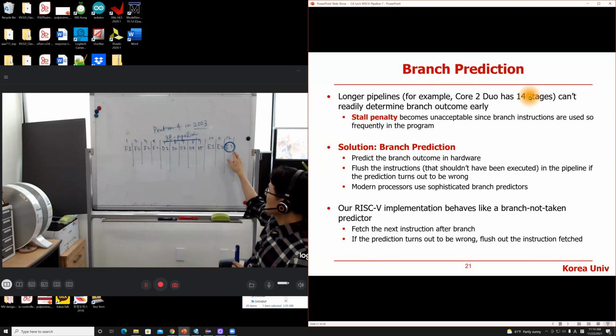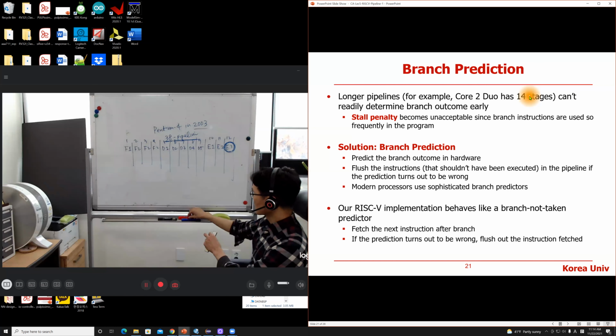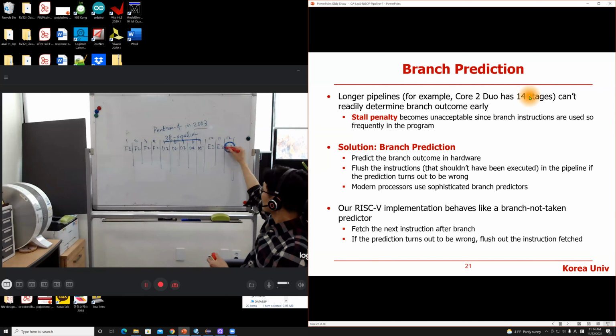Also assume that the branch is taken. Then what would happen? Based on that decision, you fetch a new instruction in the clock cycle.